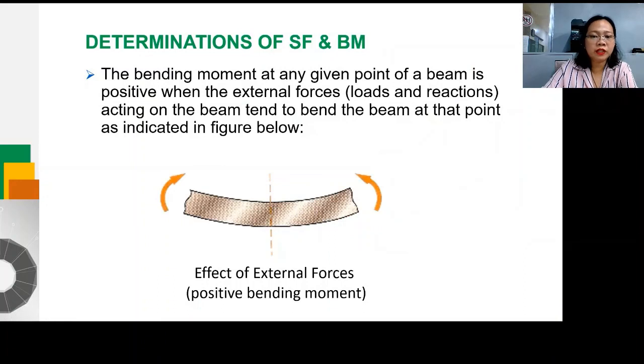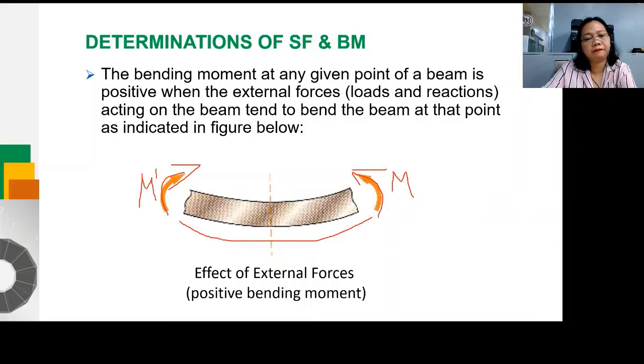For the effect of external forces, a bending moment is positive when the moment applied here makes the beam smile, then that moment is positive.